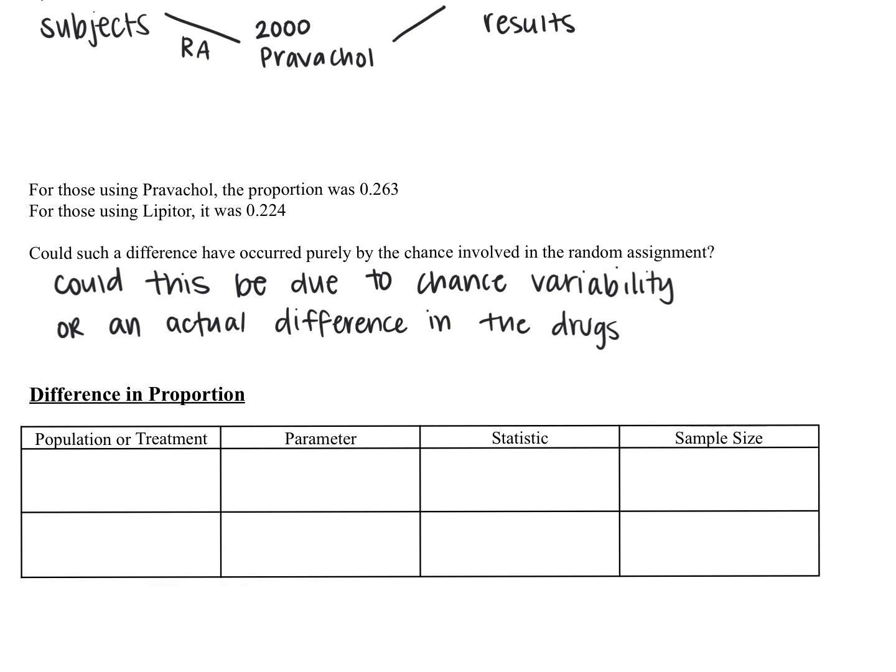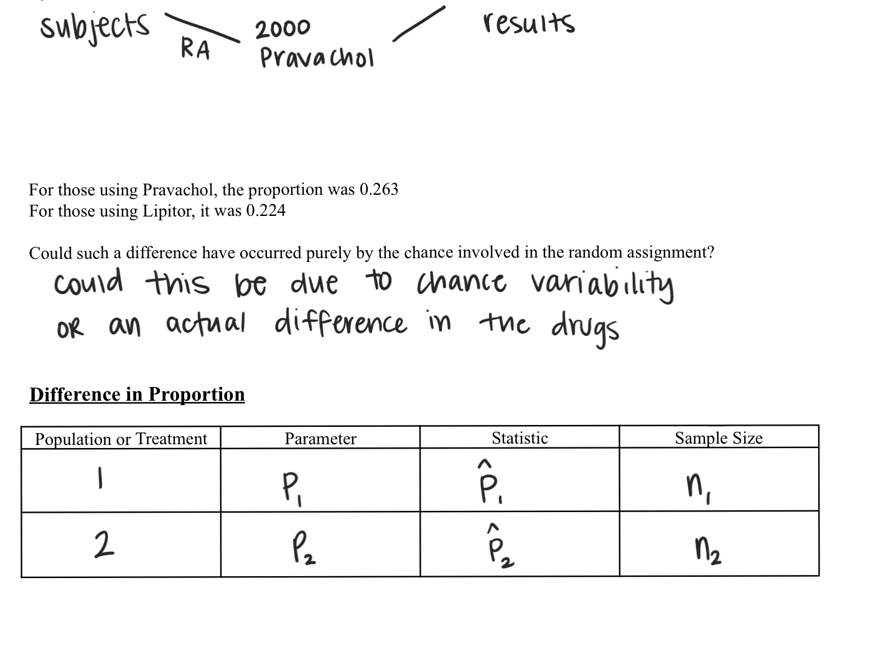A couple things when it comes to notation. You're going to have your two populations or your two treatment groups. They're each going to have their own parameter, P1 and P2, their own statistic, P1 hat and P2 hat, and their own sample size, N1 and N2.